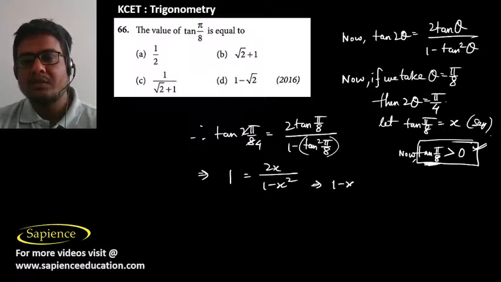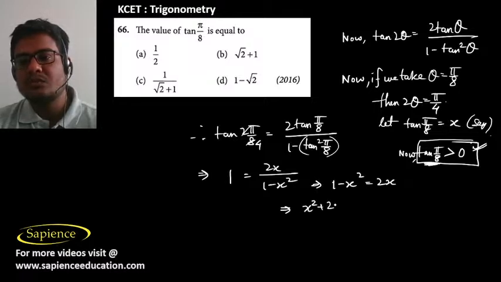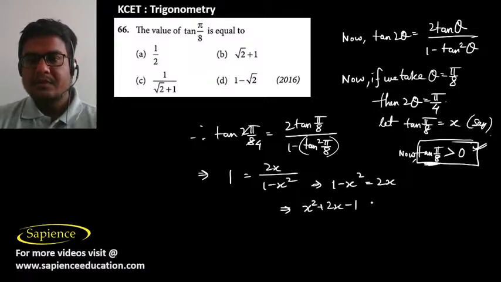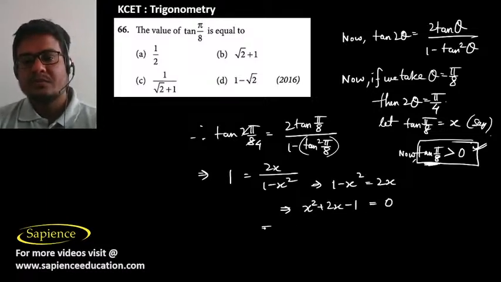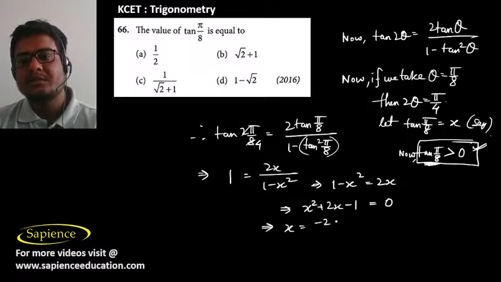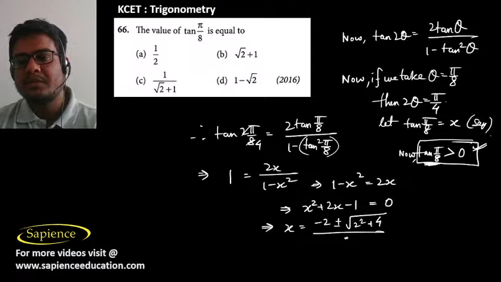So 1 minus x square is equal to 2x. Therefore x square plus 2x minus 1 is equal to 0. So now x is equal to minus b plus or minus root of b square minus 4ac, so plus 4, by 2a.